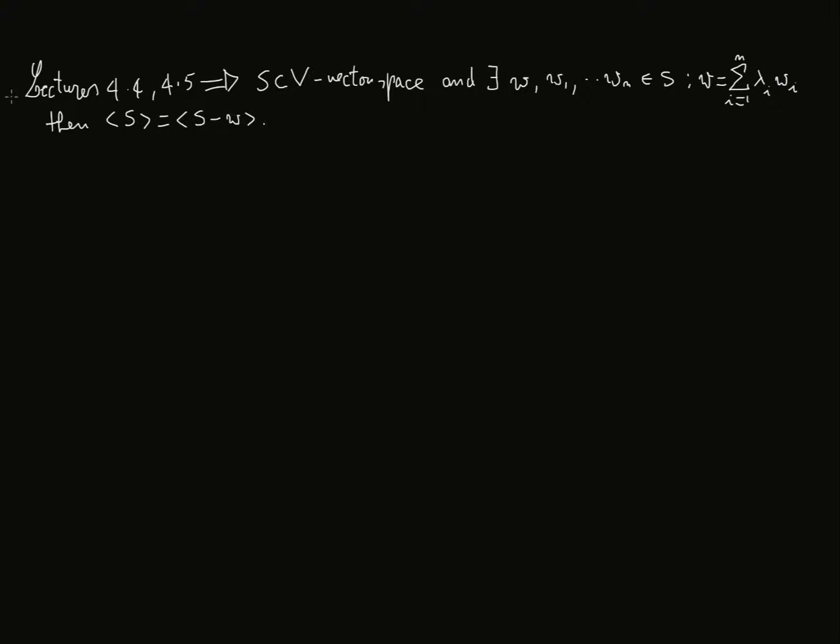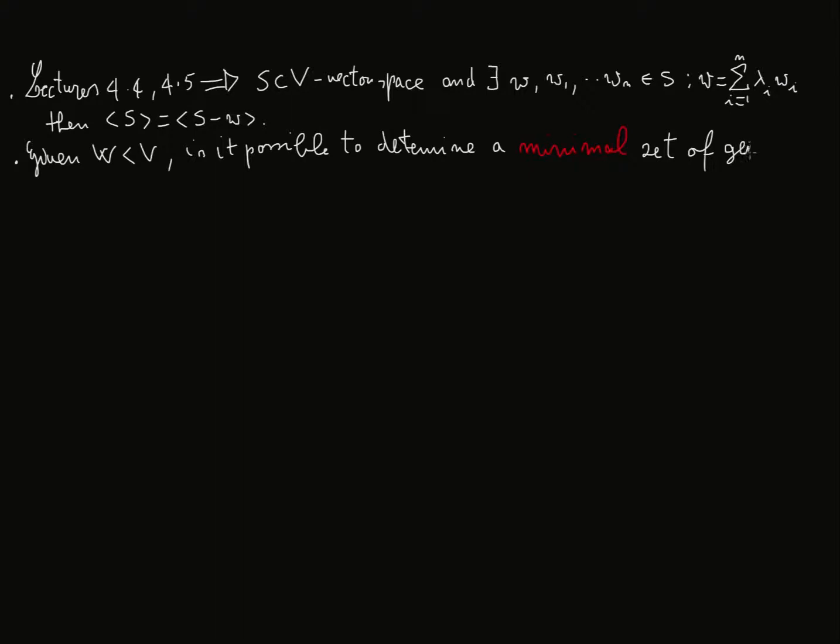So, question: given a subvector space W in V, is it possible to determine a minimal set of generators for W?